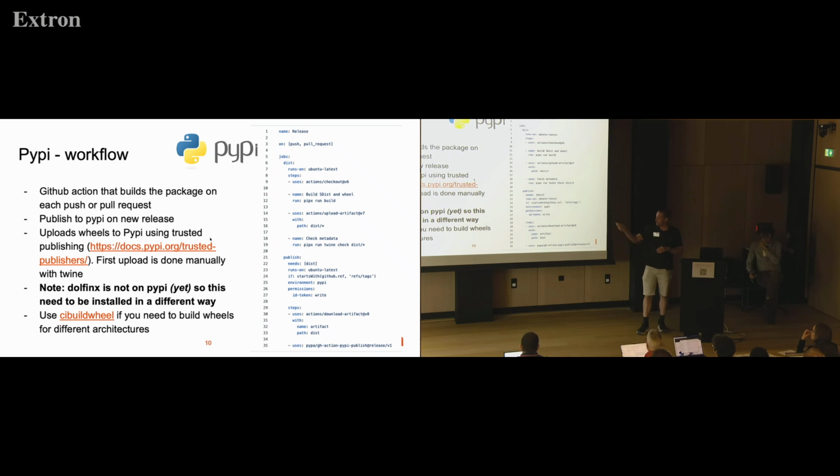A note here is that DOLFINx is not yet on PyPI. I know Jack is working hard on this, and maybe in the future we will have this. But for now, if you want to install one of the packages with pip, then you need to install DOLFINx in a different way, for example in a Docker container. Also note, if you are building packages with extension modules, I would recommend checking out cibuildwheel, which can build wheels for different architectures.